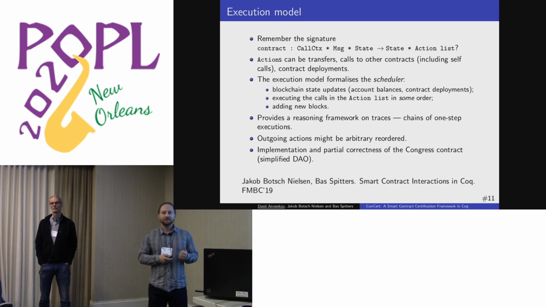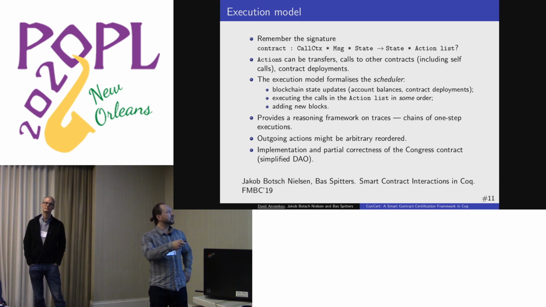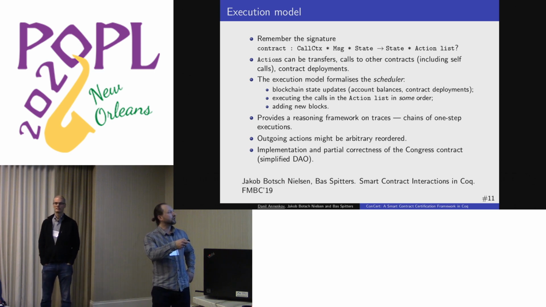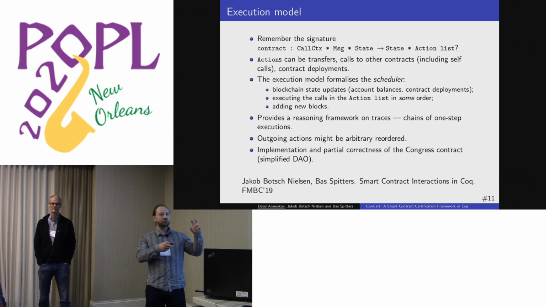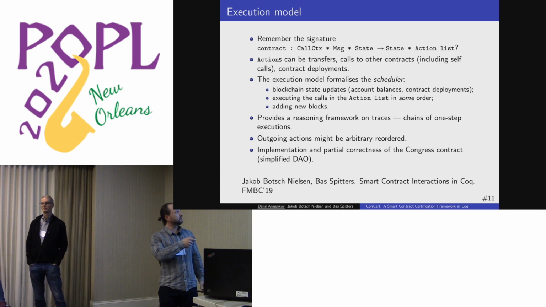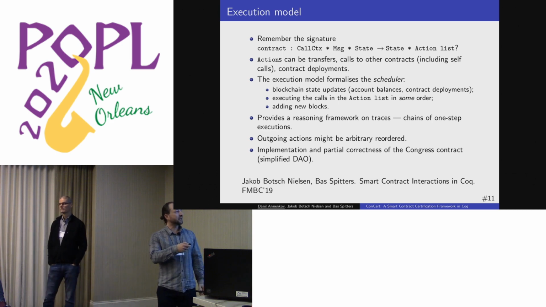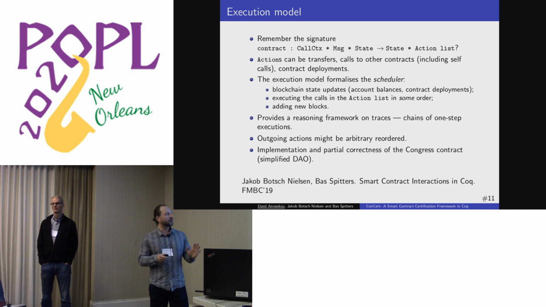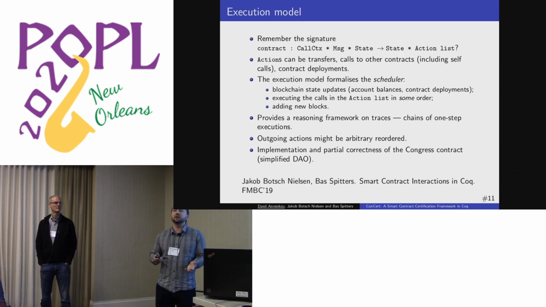But of course, that presumes that you know reentrancy is bad, which we only knew after the DAO bug. Yes, I think here you have more control. If you limit the actions emitted by this one-step contract execution, you can prove that fewer bad things happen. I can't say exactly how to do it, but I think in this execution model it might be possible to say something about that in an easier way than for something like Ethereum. That's what I can say.